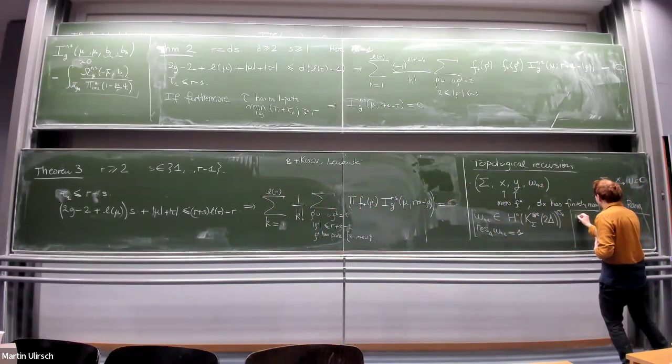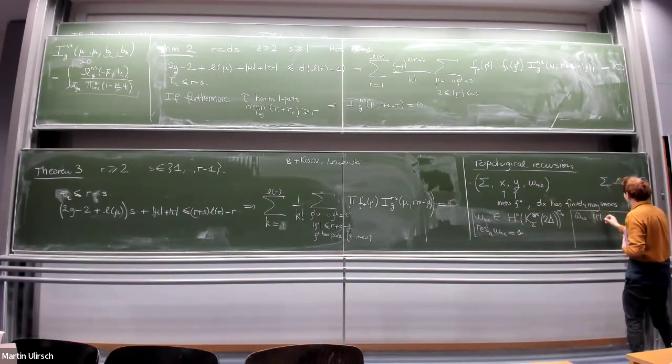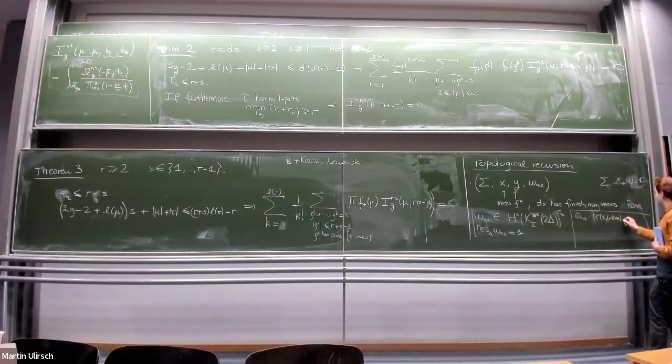So we can consider a map which I call omega 02 hat, which goes from, let's say, meromorphic forms with poles only at ramification points.